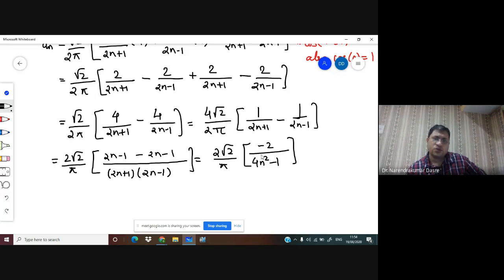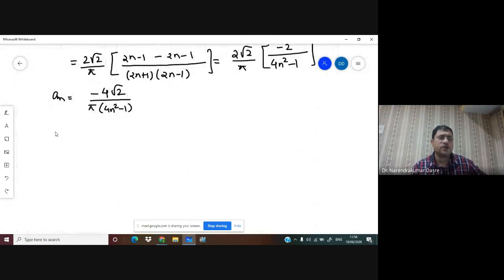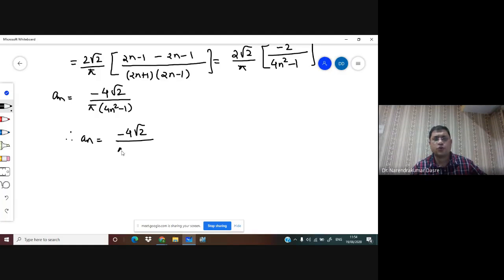So we get (a+b) and (a-b), so it will be a² minus b². So we got this a_n is equal to minus 4 root 2 upon π into (4n² minus 1). So we got here the value of a_n.